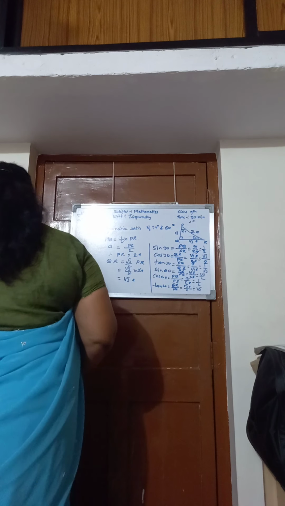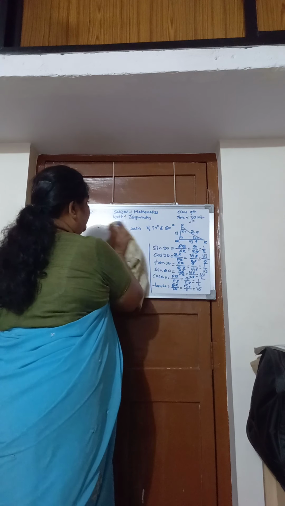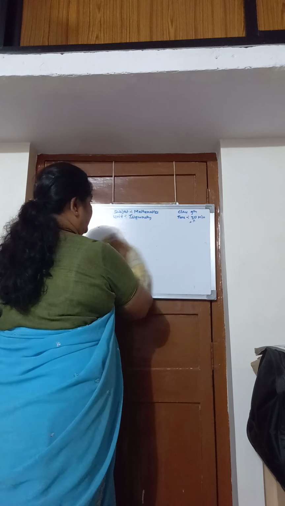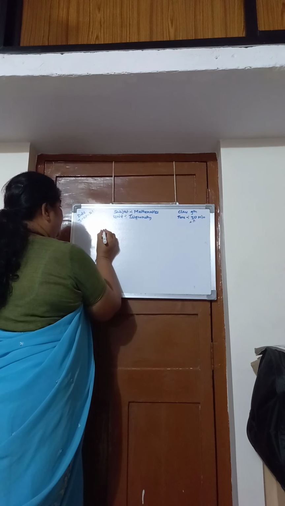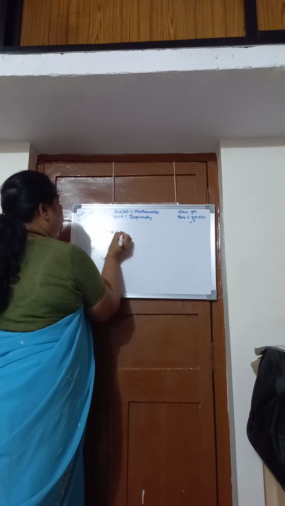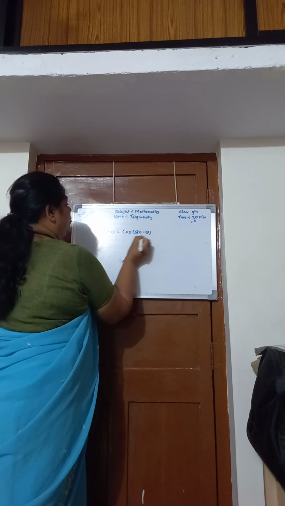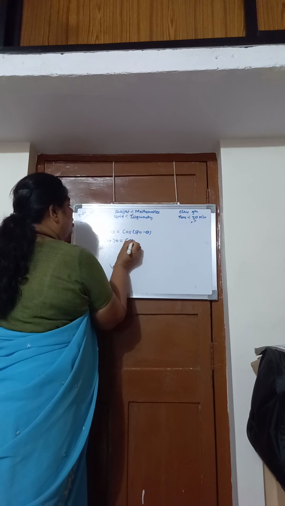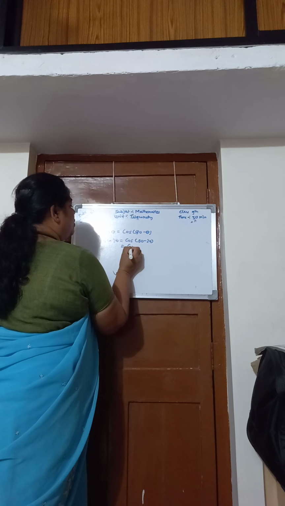Now we have to calculate, sin theta equals cos 90 minus theta. Therefore, sin 30 equals cos 90 minus 30, which equals cos 60.